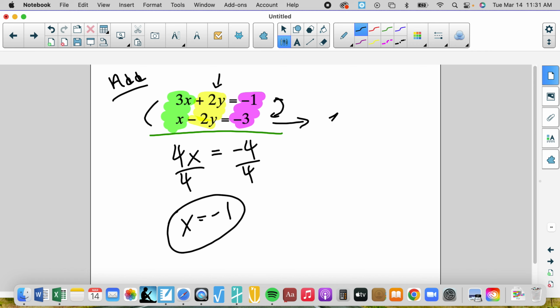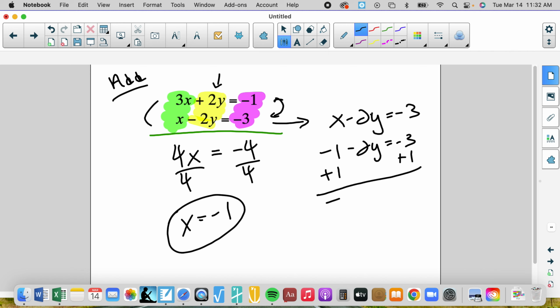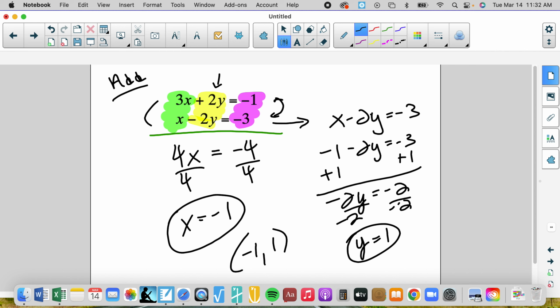We'll take x minus 2y equals -3 and plug in the -1. We add 1 to both sides. We get -2y equals -2, divide by -2, and we get y equals 1. So my solution is -1, 1.